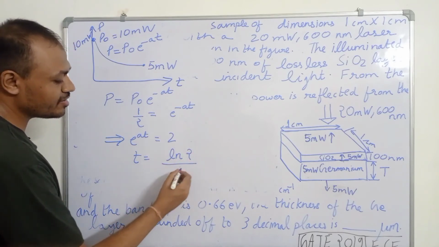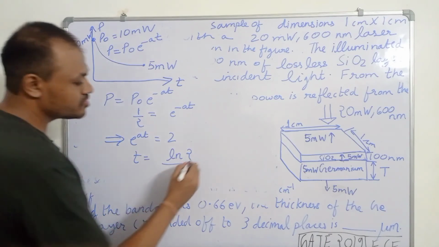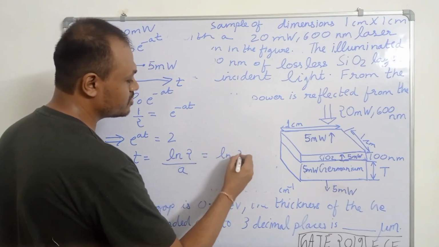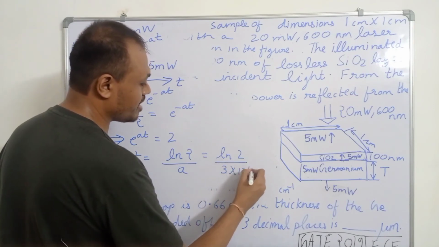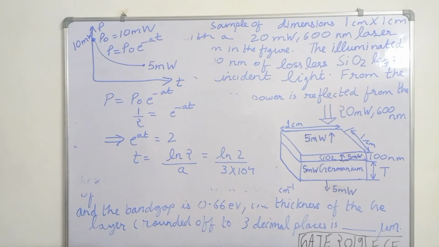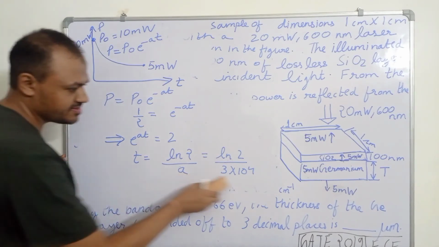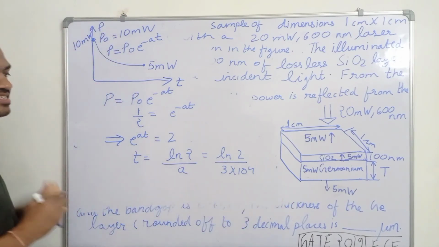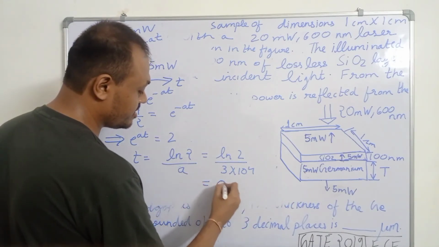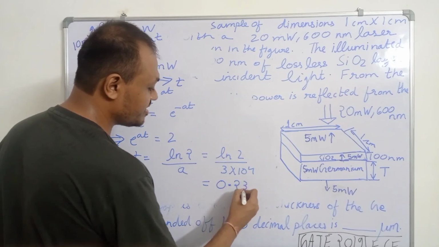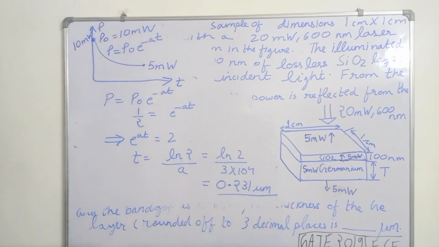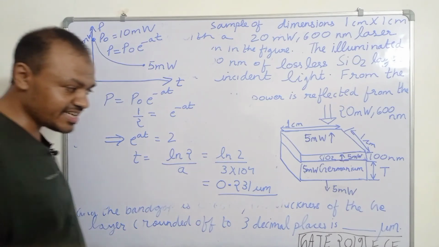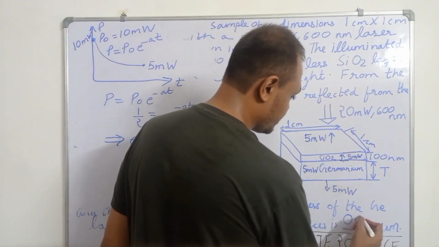This is equal to ln of 2 upon 3 into 10 to the power 4. So you can calculate it and you will get the answer as 0.231 micrometer. 0.231 micrometer will be the answer.